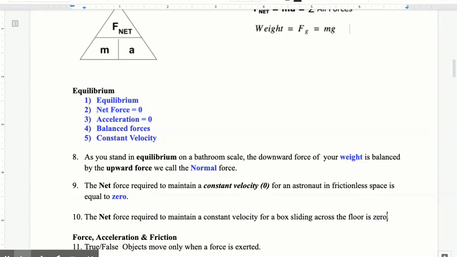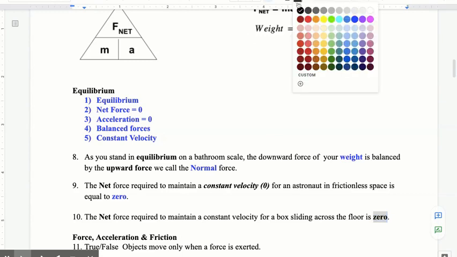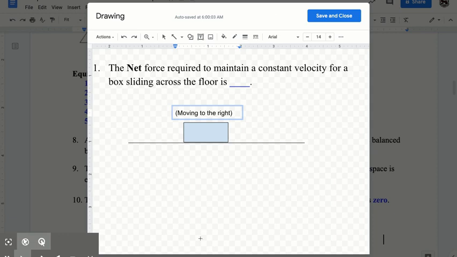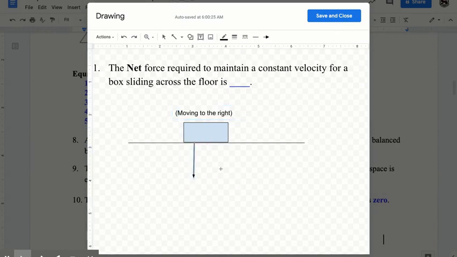Okay. The net force required to maintain a constant velocity for a box sliding across a floor is still going to be 0. See, this is the same question asked another way. And it's asking about the net force. Now, if I draw a diagram here, this is talking about a box sliding across the floor. I'm going to say it's moving to the right. Since it's on a floor, you're on Earth, and so there's gravity working on you.